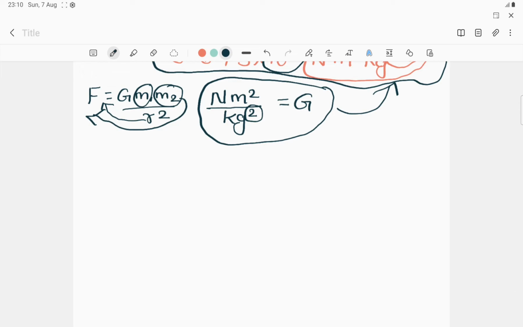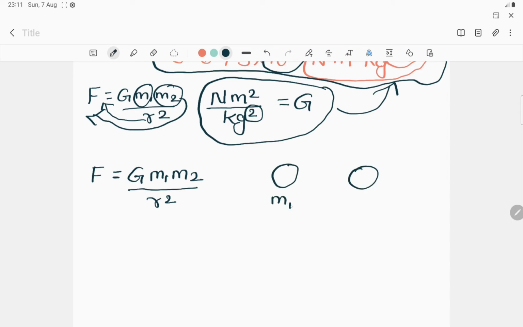Also, it is given that if the mass of one object is doubled, the force doubles. Let me take F, which is equal to G, the value remains the same because it is a constant, m1 m2 upon r square. Consider two bodies, m1 m2.